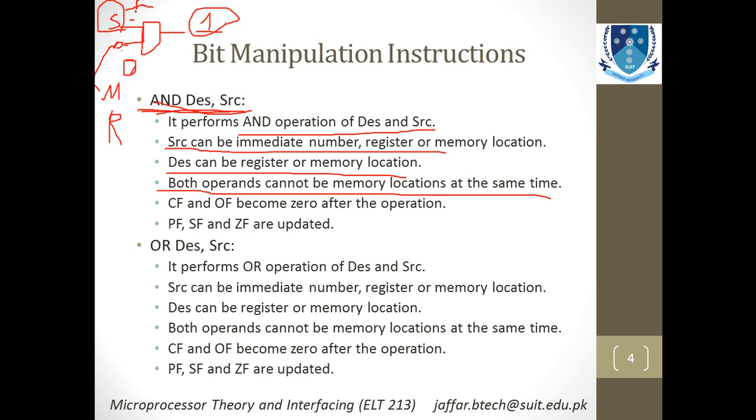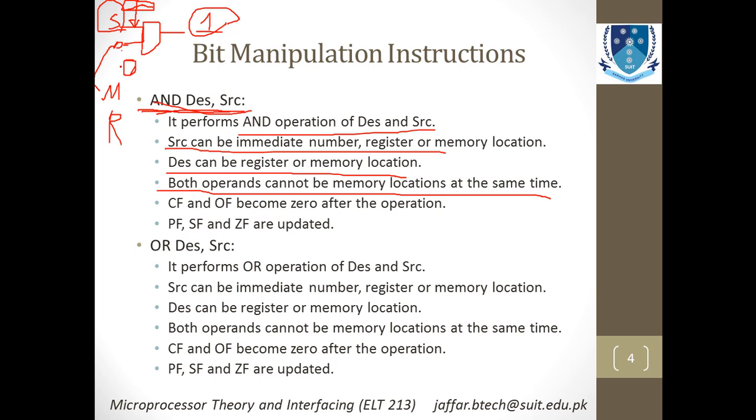Let's say the input is provided by the output of another system or from another gate. You can use that, but you cannot use memory locations for both at the same time, because this is not possible.